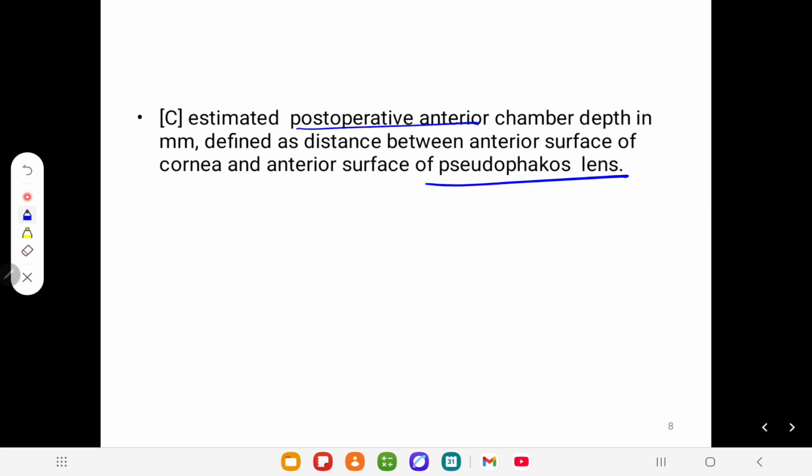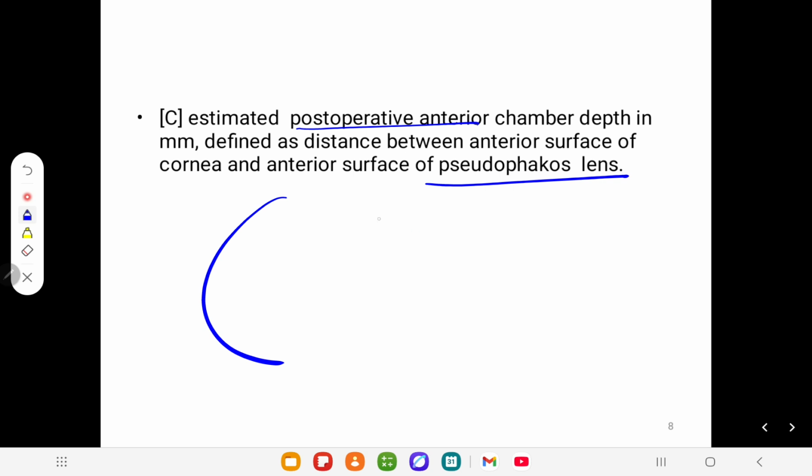See, understand what we do is this: cornea, and our lens, if it is cataractous, then it's obviously 4.5 mm wide, isn't it? It's quite big. But the intraocular lens is almost 1 mm or 1.5 mm thick.